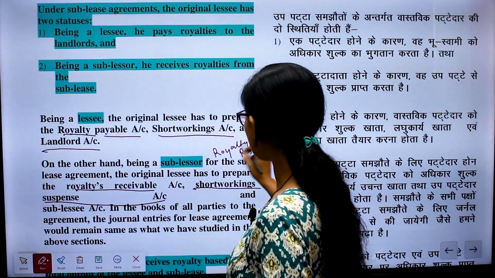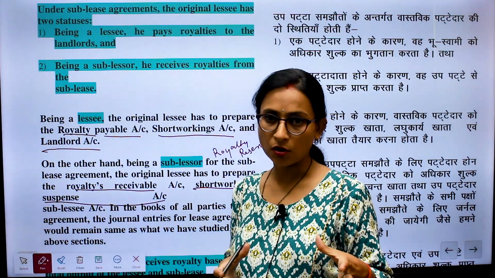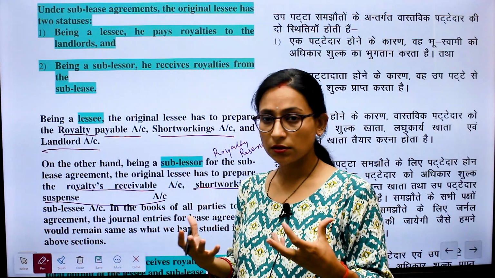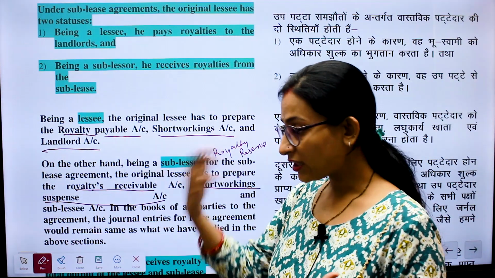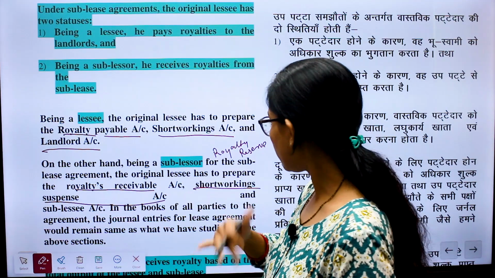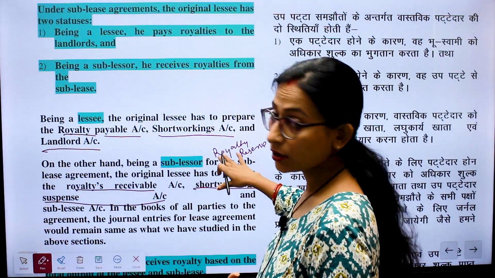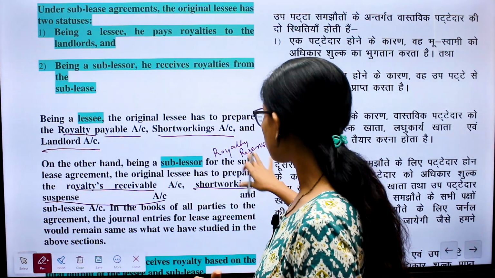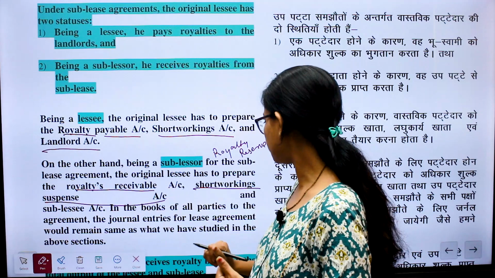Why royalty reserve account? Because we have studied that in the books of the landlord, the money which we are going to get is royalty receivable. It is royalty reserve. This we can also call the short working suspense account.